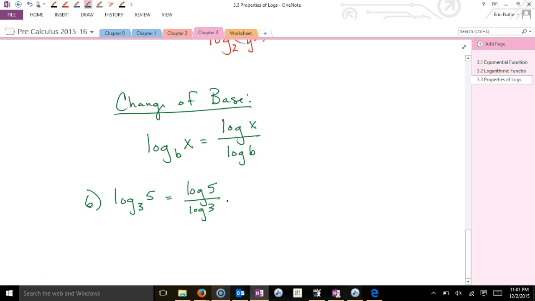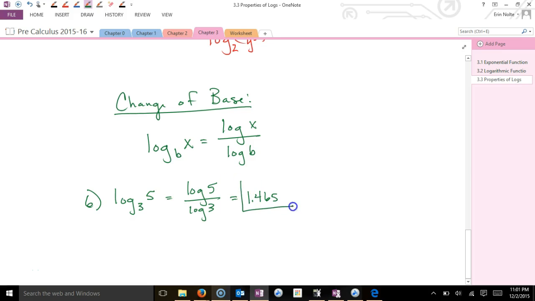Can somebody type that in and tell me what that is? 1.46. Okay, give me 3 decimals. 1.465. Okay, so that's going to be my rule for you guys. I want 3 decimal places on this.